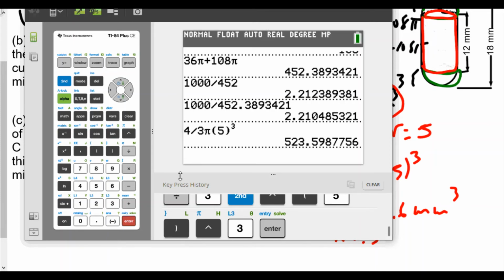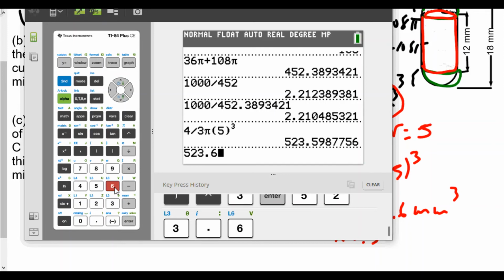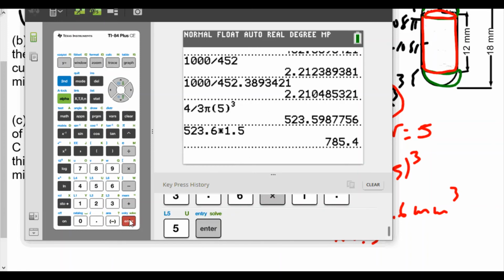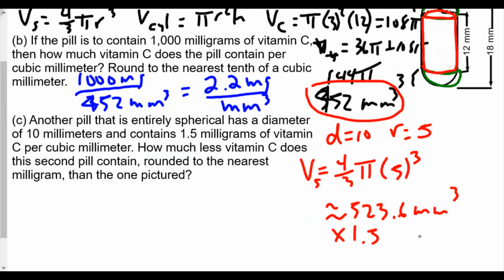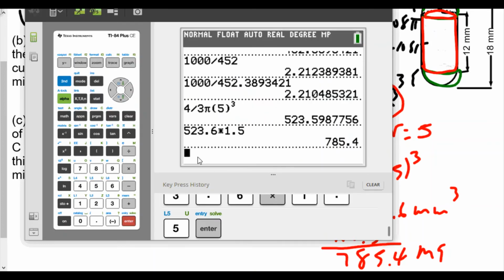So let's do it two ways, okay? So we'll multiply 523.6 times 1.5, because it's 1.5 milligrams of vitamin C per cubic millimeter, and we have 785.4. So 785.4 milligrams of vitamin C. All right, now let's see in this case, what if we use the original number, okay?